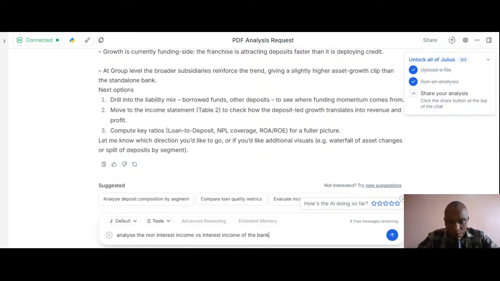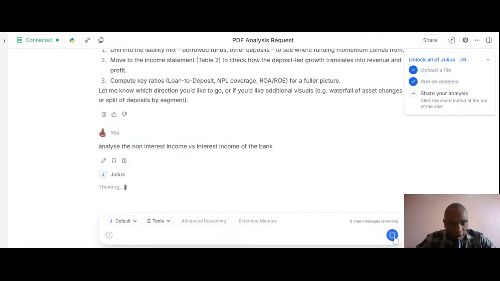So I want to know the analysis of the interest income and non-interest income. So I'll tell it to do that for me and wait and see.